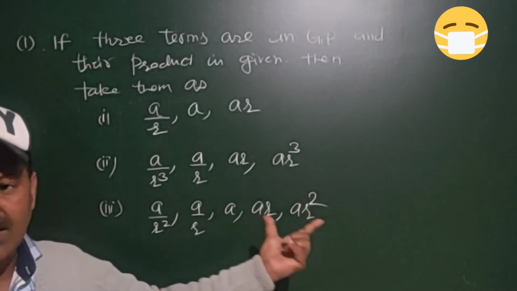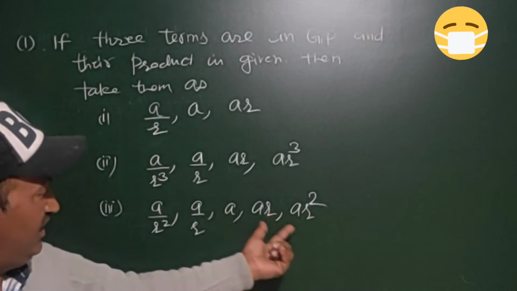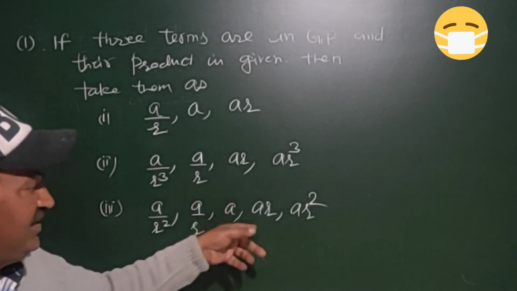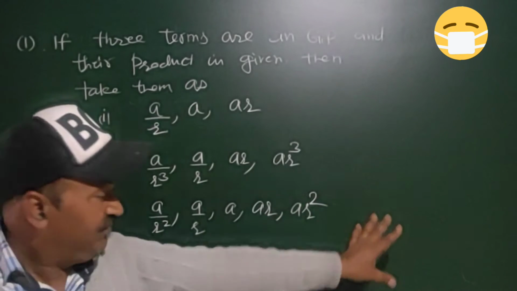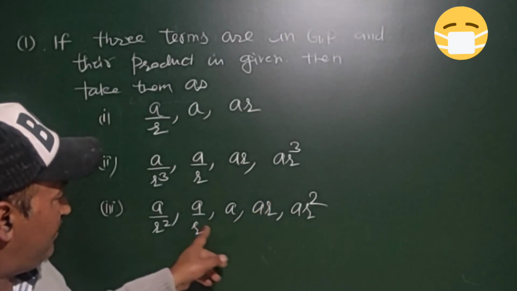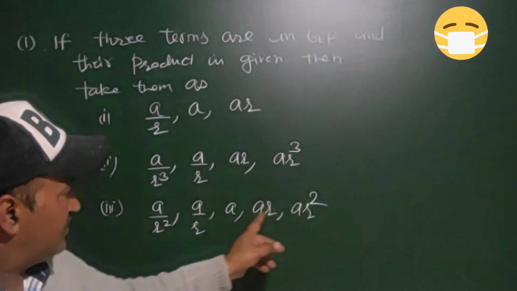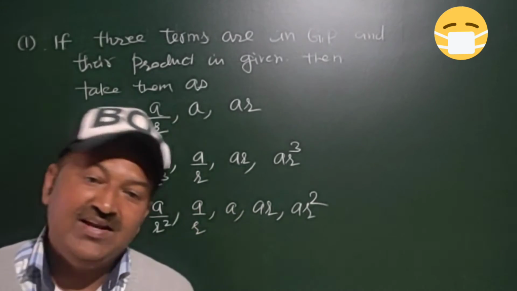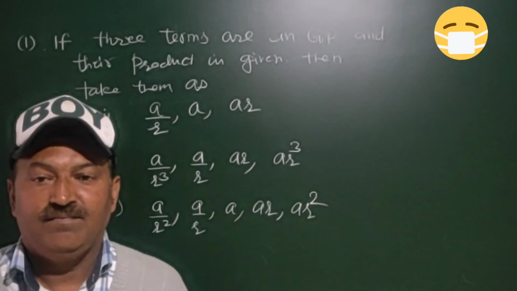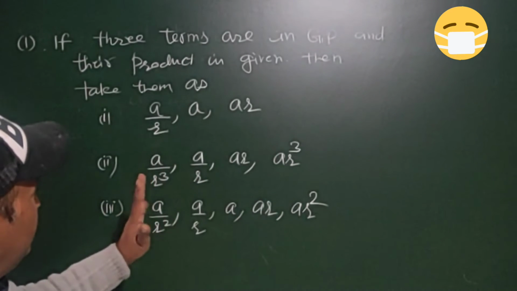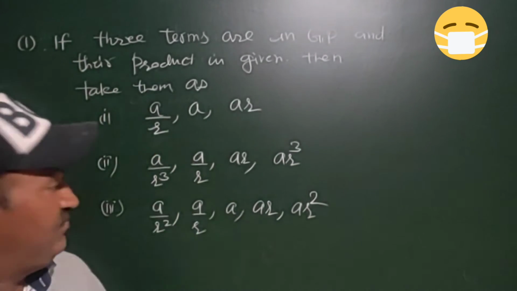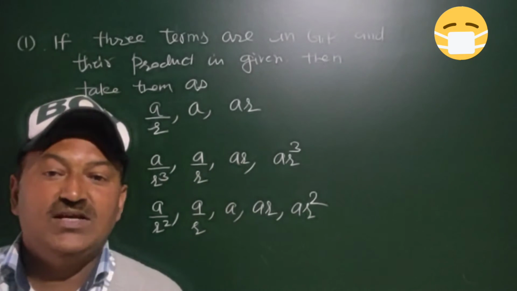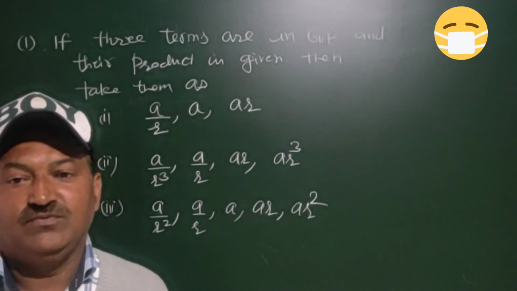They are in GP. And if you multiply all of these and their product is given to you, then R will be cancelled. R square with R square, R with R, you can find the value of A again. So this is the procedure to find the three terms, four terms or five terms if their product is given to you.